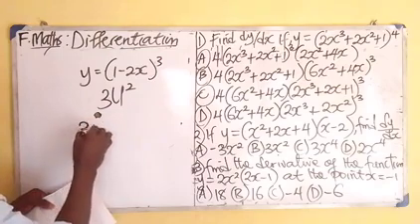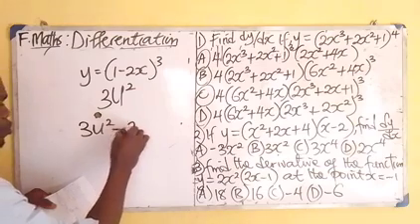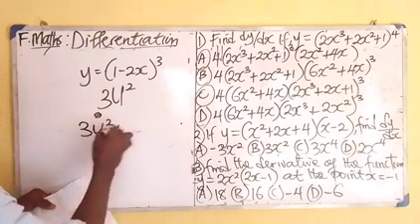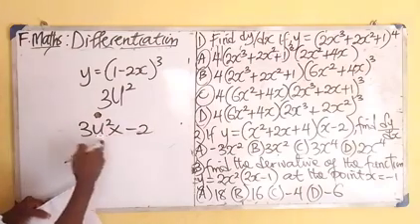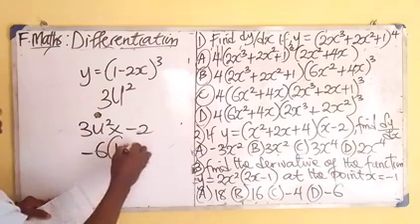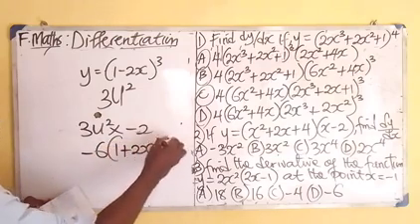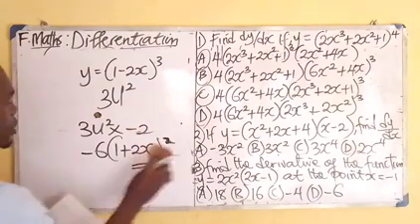So it becomes 3u squared times minus 2. All right, I don't know if that was what I did in the last step. So if I multiply this, what will I get? This times this is minus 6, then 1 minus 2x raised to what? 2. And not, it's like I wrote 3 at first, right? It's 2 now.